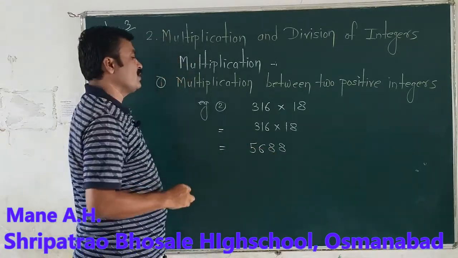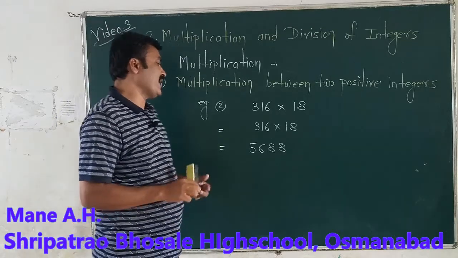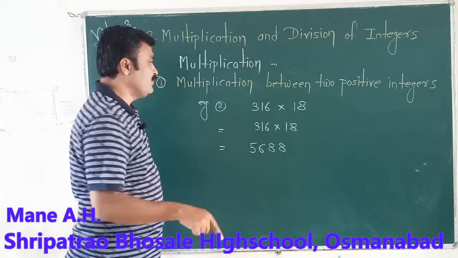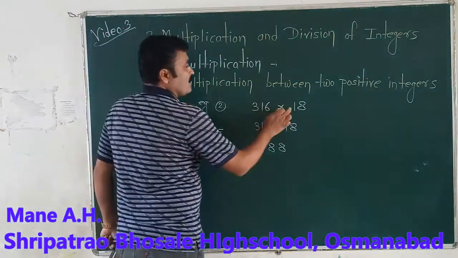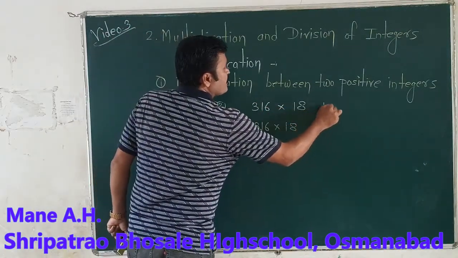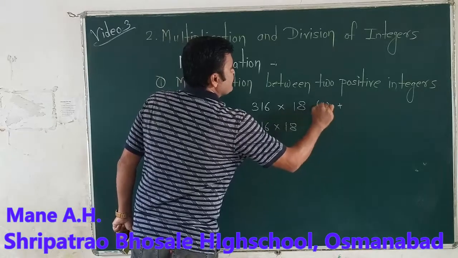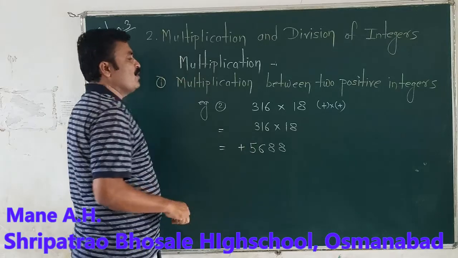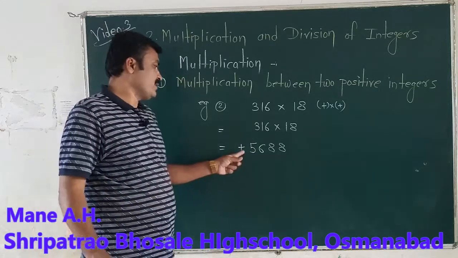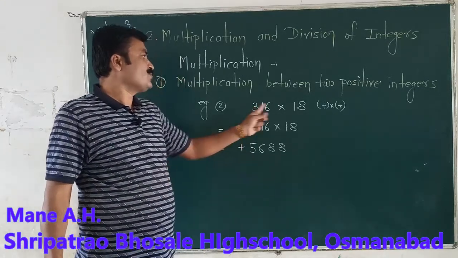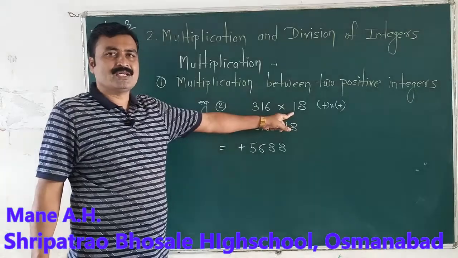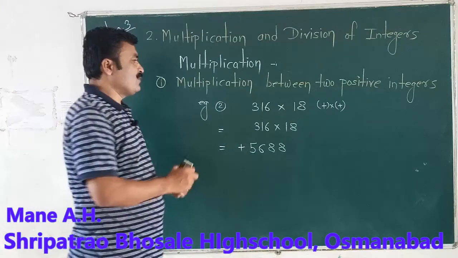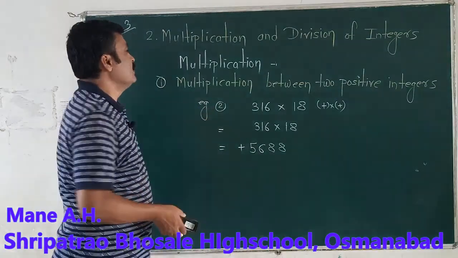So we got the product of their magnitudes as 5688. Now, since both are positive, that means plus into plus, that's important here, always gets plus. So once again I am revising the same condition: the product of these two positive integers comes as a positive integer. So this is our first condition.